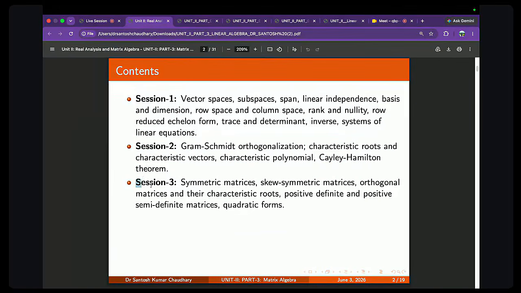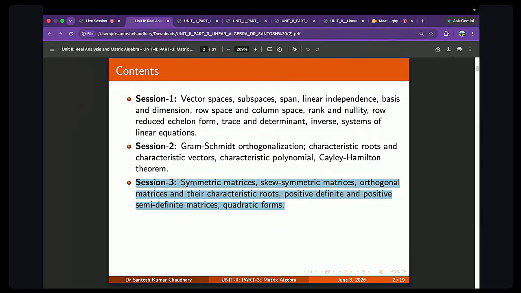The third session is actually symmetric matrices, and this is part of school level content. You might have seen symmetric matrices already in 11th, 12th class, but you still have to study. Questions will be asked on that, and then advanced questions will be asked. So: symmetric matrices, skew symmetric, orthogonal matrices, and their characteristic roots, the eigenvalues.